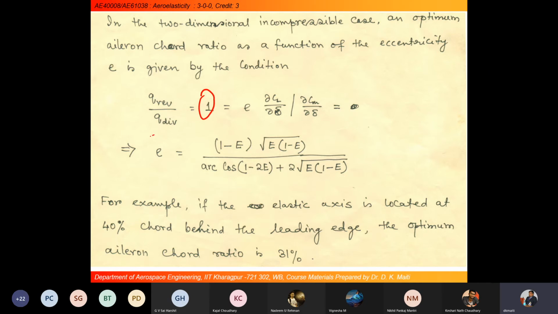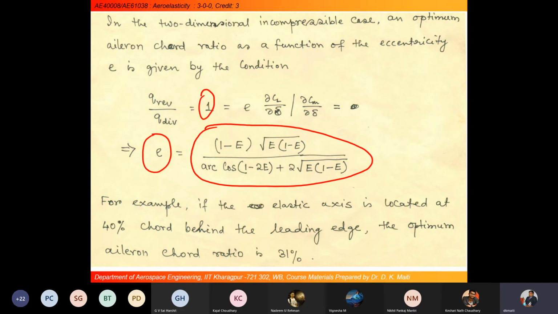Finally, we are getting e in terms of capital E. Usually, we know the elastic axis is located 40% chord behind the leading edge, and the location of the aerodynamic center for subsonic flow is the quarter chord. Based on that, we can calculate that the optimum control surface length is 31%, just by substituting the values in the relation between these two.